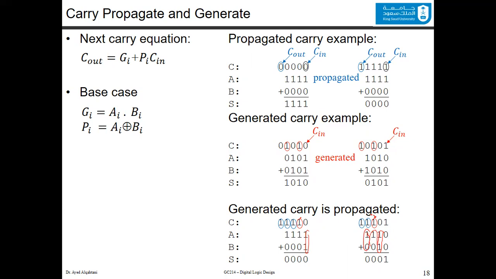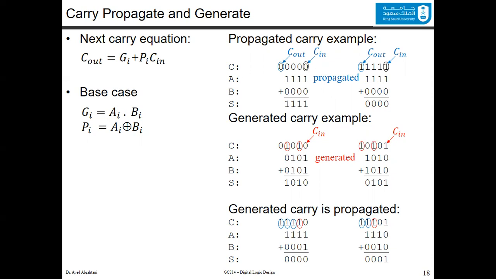So this carry will be propagated here and also here. So we have a generation followed by 2 propagations. Similarly here, for the same reason, we have a generated carry and then propagated to next stages. That was the idea behind the carry look ahead addition.